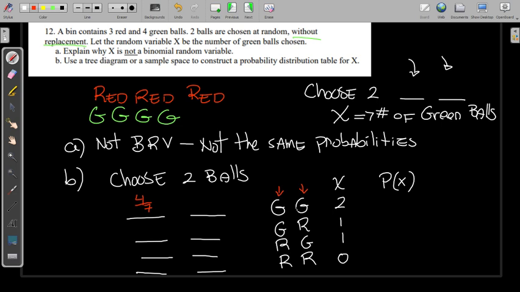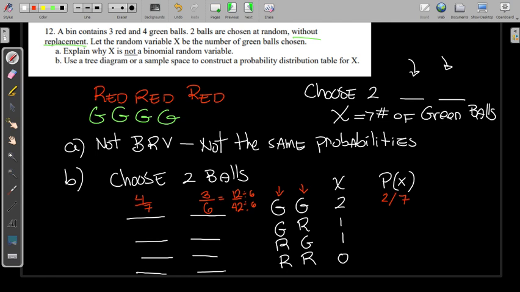You want another green. Now, you don't have 4 greens anymore because you're not replacing them. You only have 3 greens out of the 6 that you have now. So you multiply that, you're going to get 12 over 42. Simplify by dividing both numbers by 6, and the probability is 2 over 7.